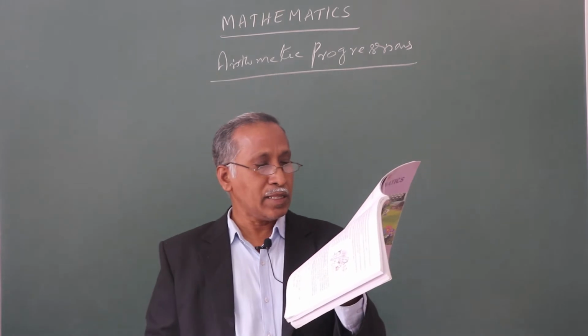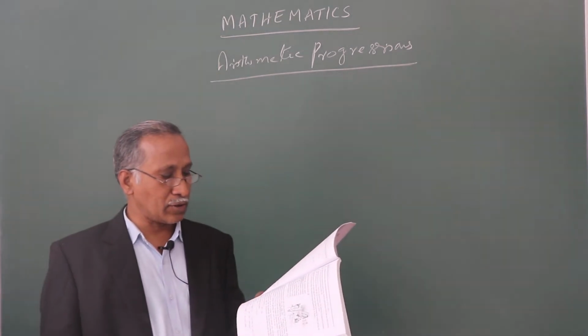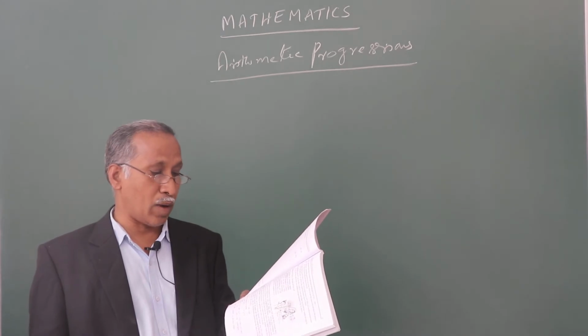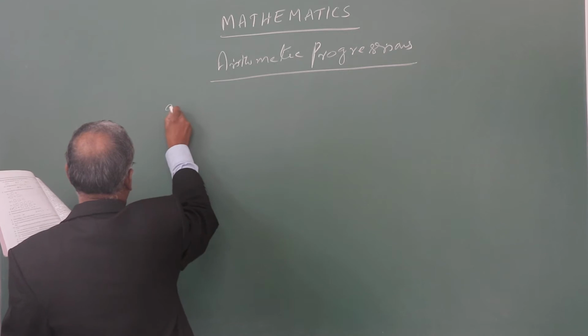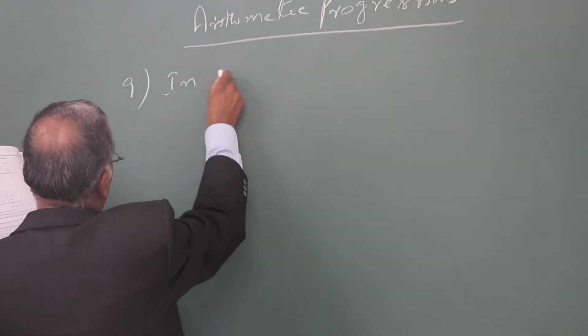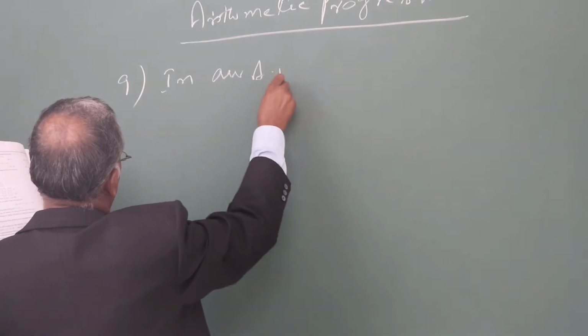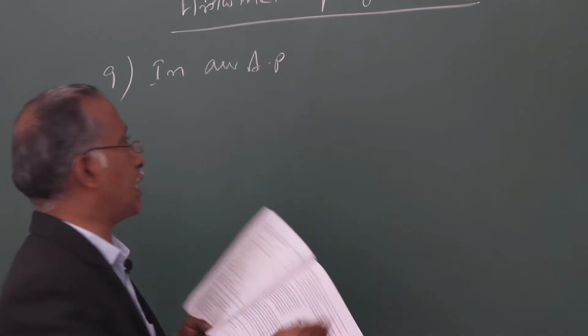Determine the AP whose third term is 16 and the seventh term exceeds the fifth term by 12. In an AP, the third term is 16.